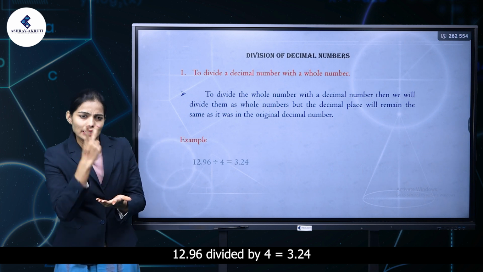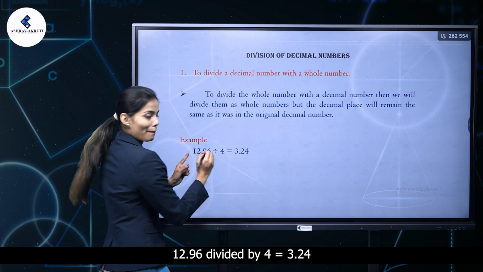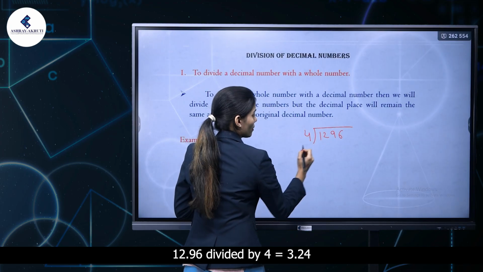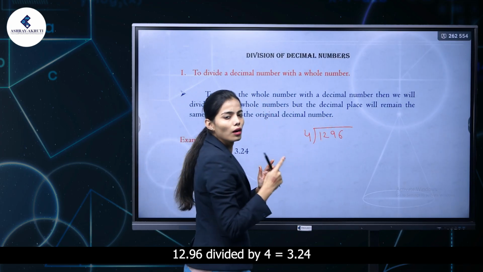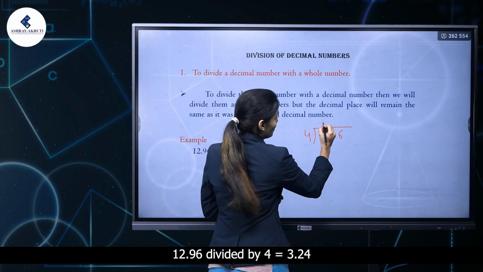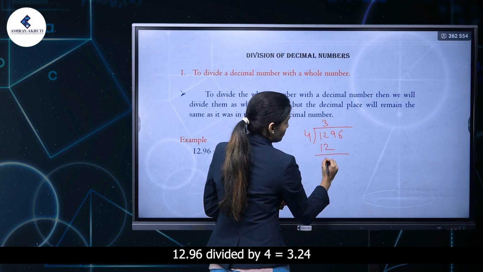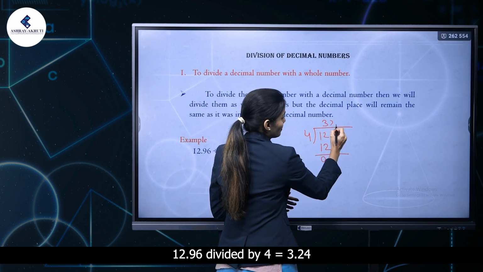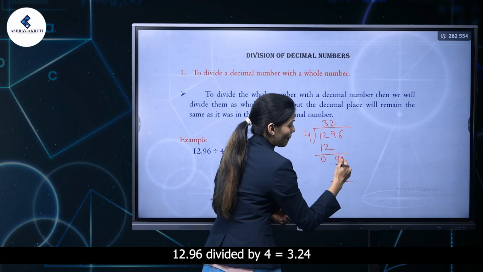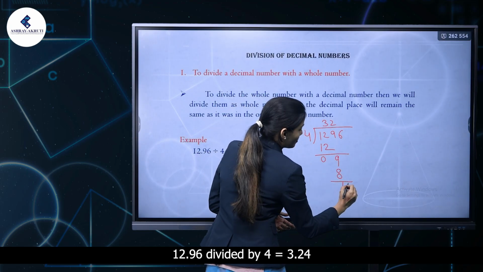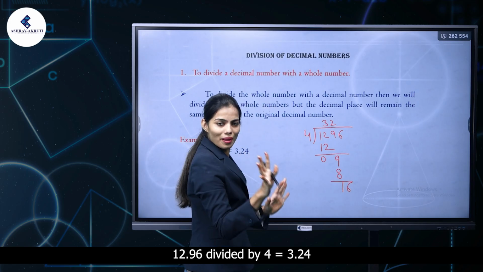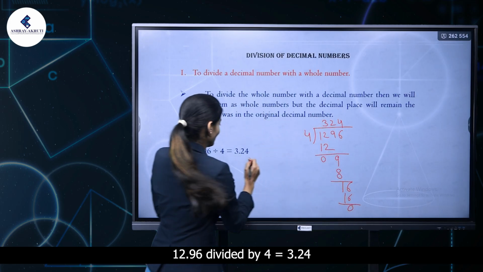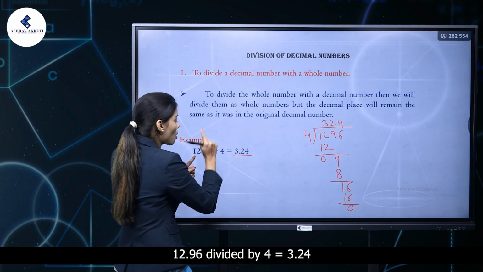Example: 12.96 divided by 4 is equal to 3.24.